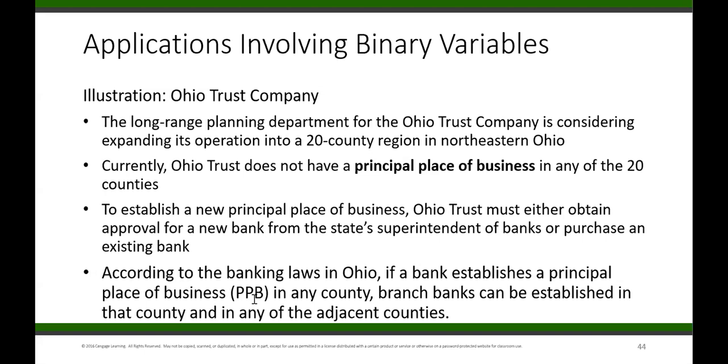This is a very important condition they have to maintain in order to operate in a certain region. For a county to be covered by Ohio Trust Company, they have to have a PPB in that county or in one of its adjacent counties. All right.